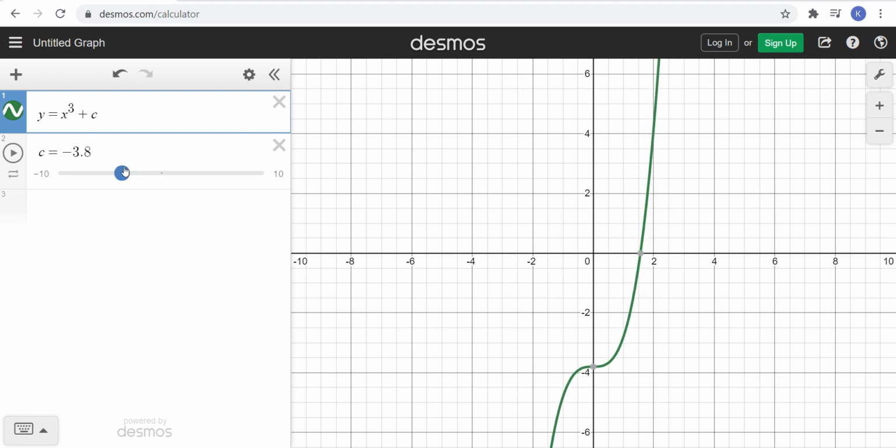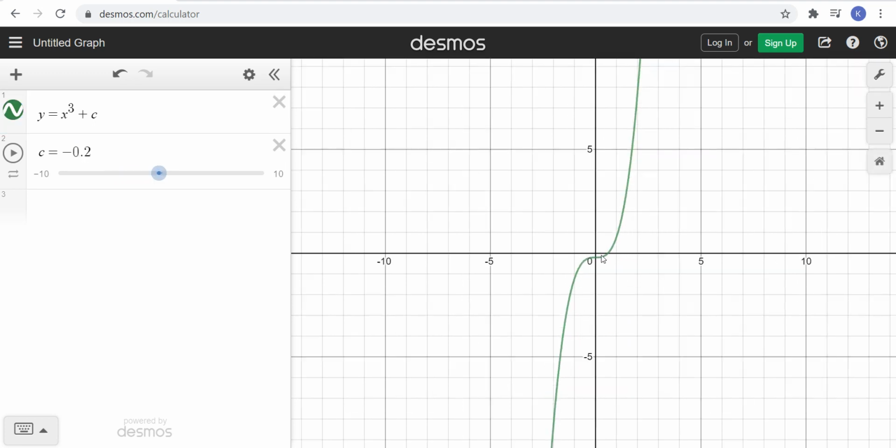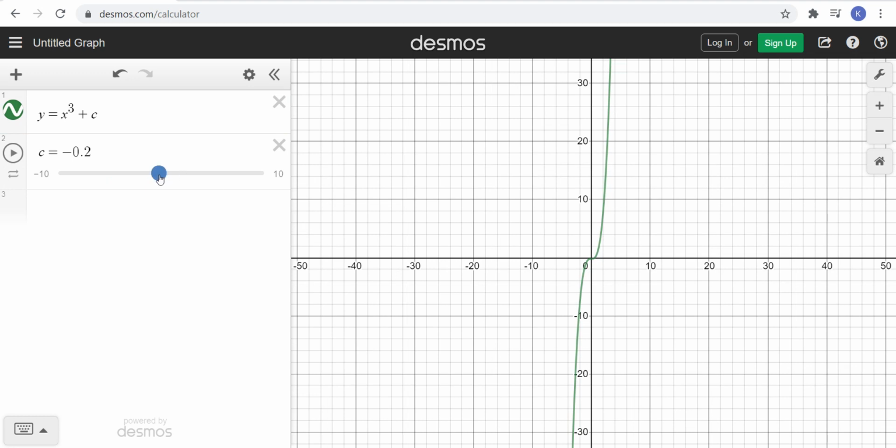And as c changes, the y-intercept changes, but the shape of the graph doesn't change at all. The gradient function of the graph is the same regardless of what c is. So that's just confirming on the graph what we already know.